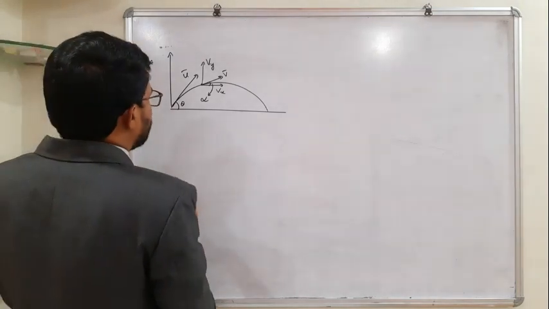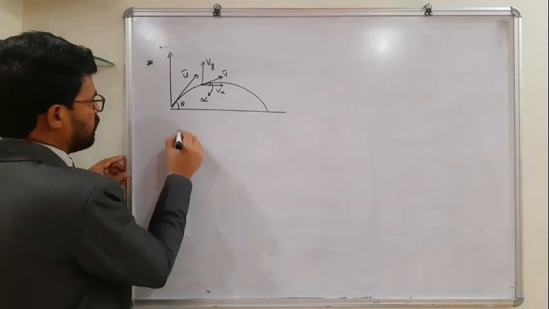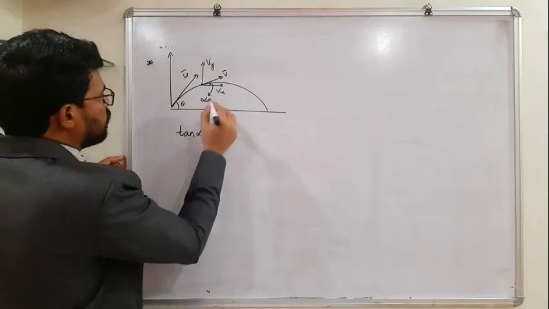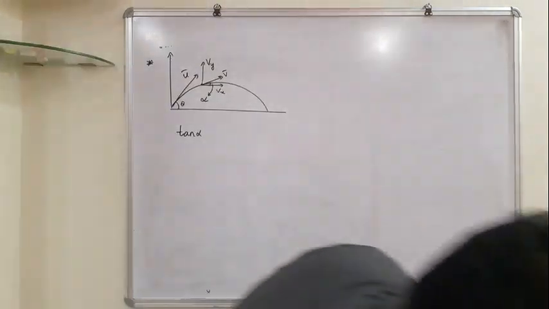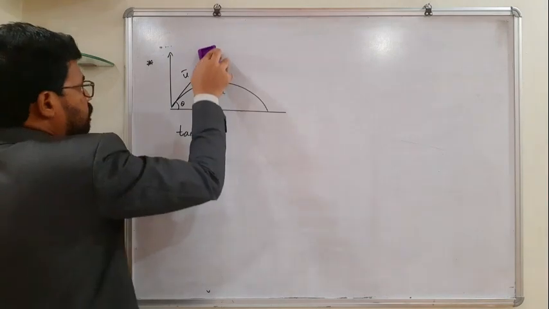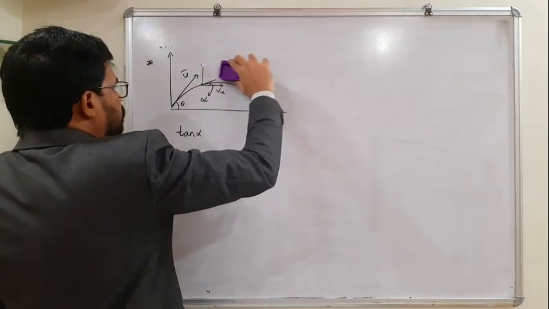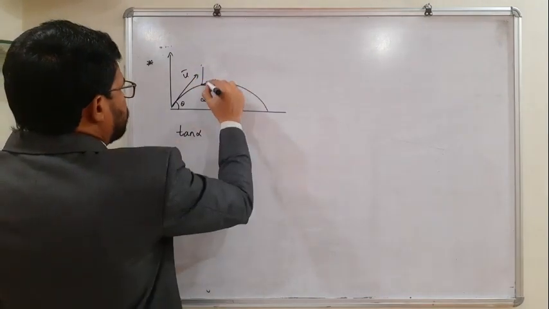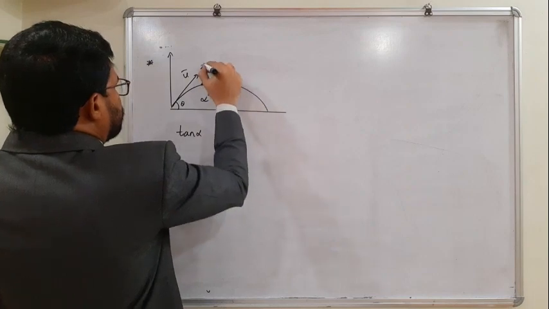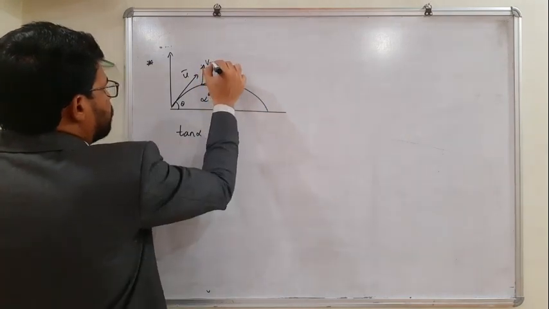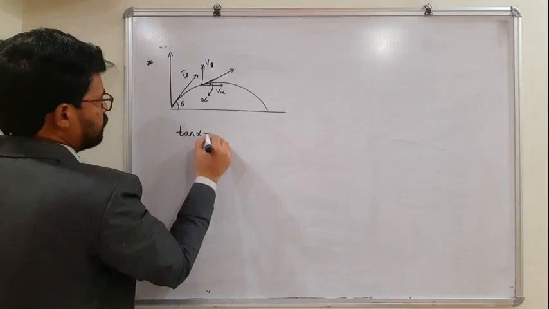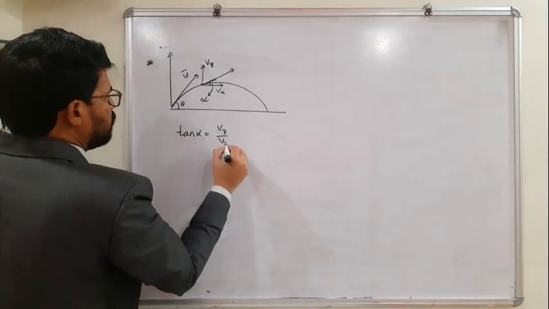If you are supposed to find out how much is that alpha, you can take it like this. Tan alpha can be written as Vy by Vx.